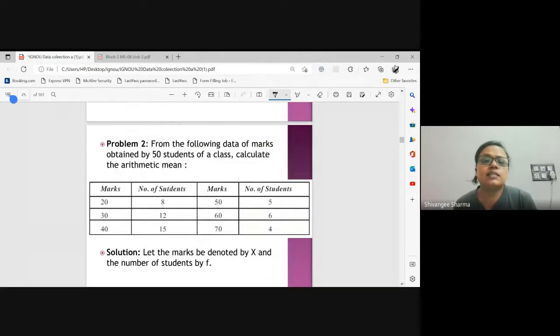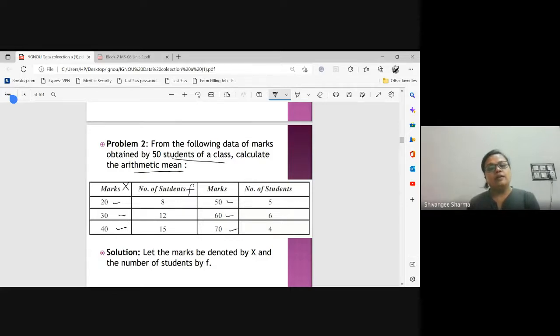So this is the example: from the following data of marks obtained by 50 students in a class, calculate the arithmetic mean. These are the marks 20, 30, 40, 50, 60 and 70, and these marks are represented by the value x, right? And this is your number of students, or you can say frequency.